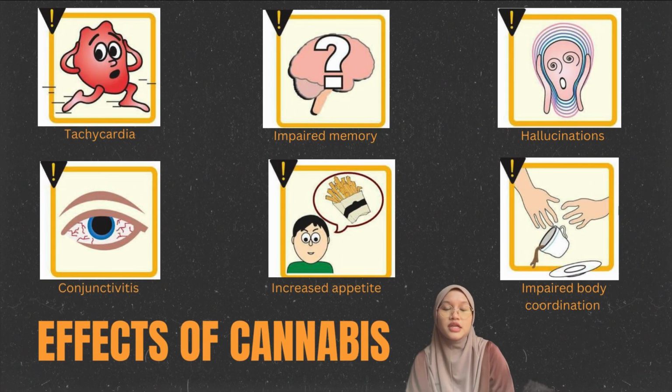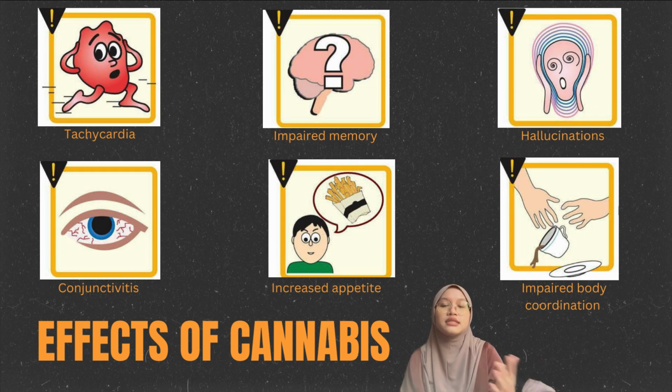About the effects of cannabis. When it acts on the sympathetic nervous system, it will cause tachycardia. When it acts on the blood vessels of the eye, it will cause vasodilation, so more blood flow, so your eyes will be red, which will cause conjunctivitis. When it acts on the brain, in the hippocampus, it will cause impaired memory.